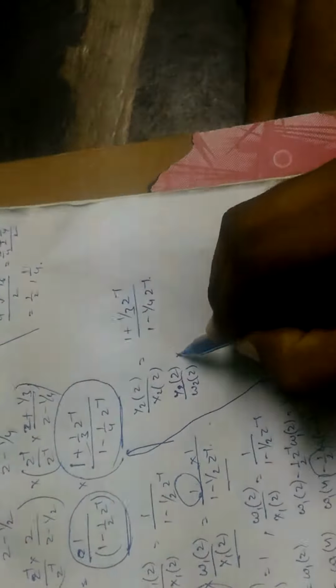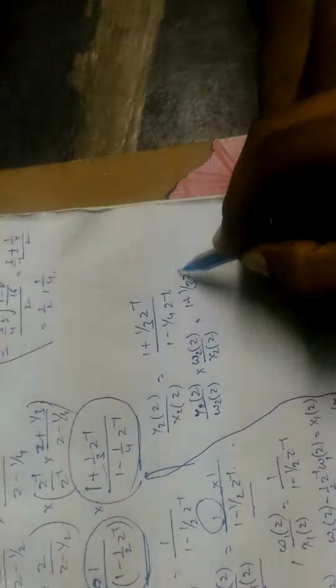Then next, the second part: Y2(z) divided by W2(z) into W2(z) divided by X2(z) is equal to 1 plus 1/3 z inverse into 1 divided by 1 minus 1/4 z inverse. Y2(z) divided by W2(z) is 1 plus 1/3 z inverse, and W2(z) divided by X2(z) is 1 divided by 1 minus 1/4 z inverse. Cross multiplying, Y2(z) is equal to W2(z) plus 1/3 W2(z) z inverse.